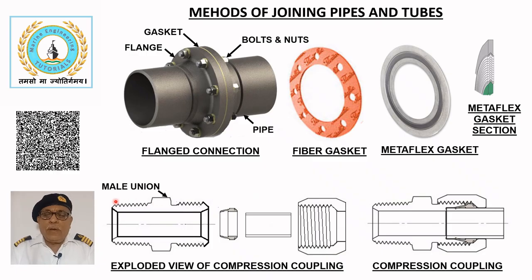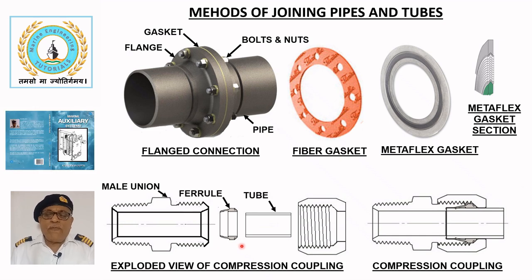A male union with outside threads on both sides is used to join the tube on each side. A conical ferrule made of softer material such as copper or soft iron is put on the tube end, which is then inserted in the union.